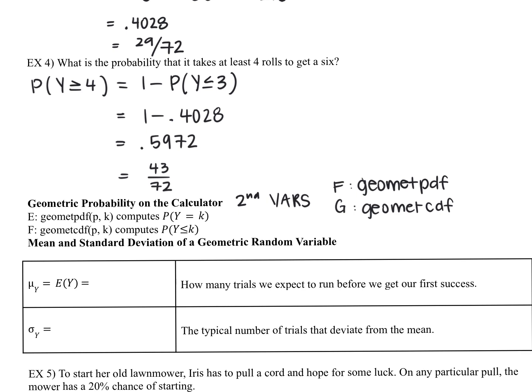The only things you need to know are your probability of success p and your number of trials k. Just like with the binomial, PDF is your exact and CDF is the less than or equal to.